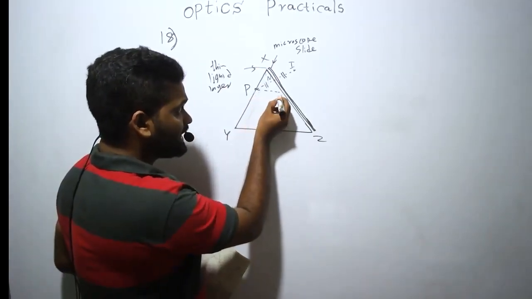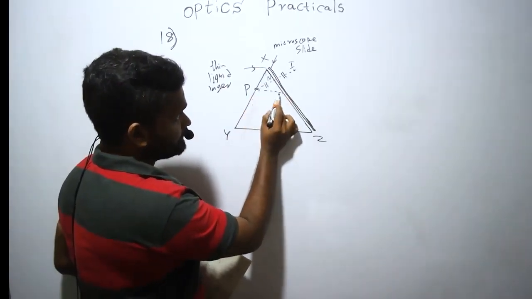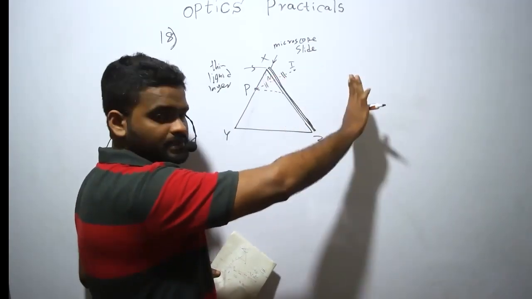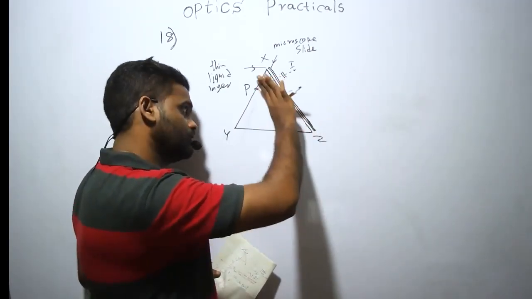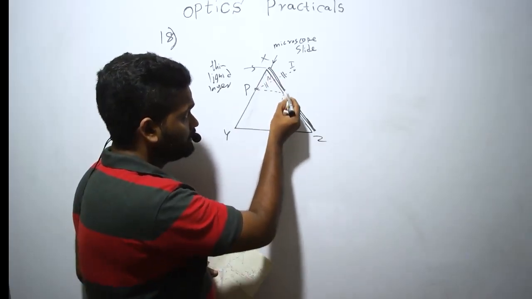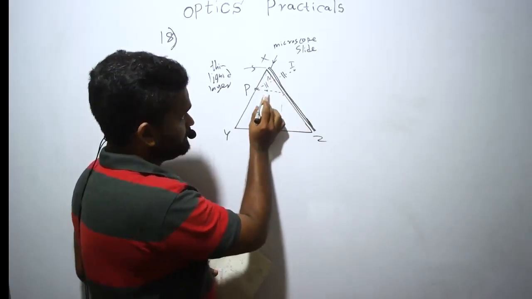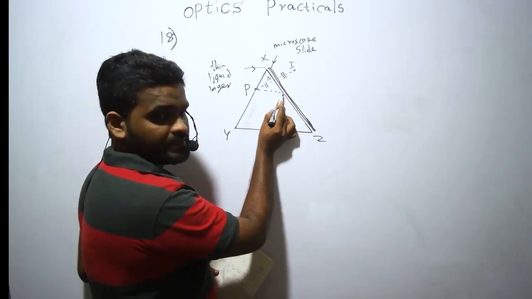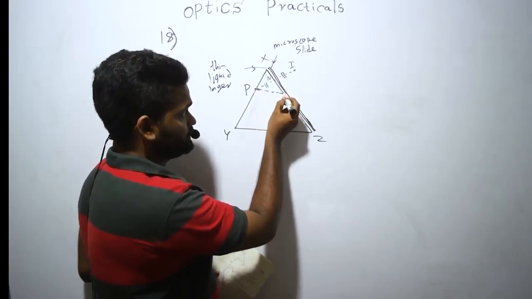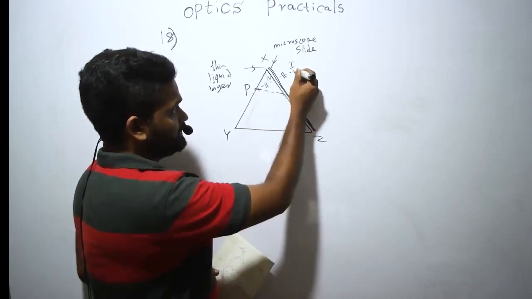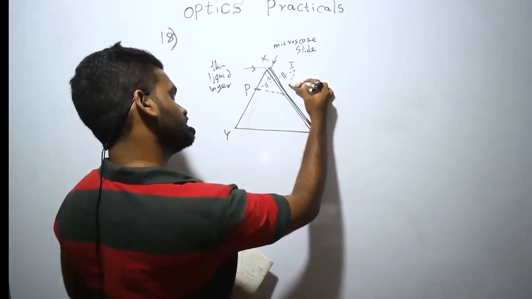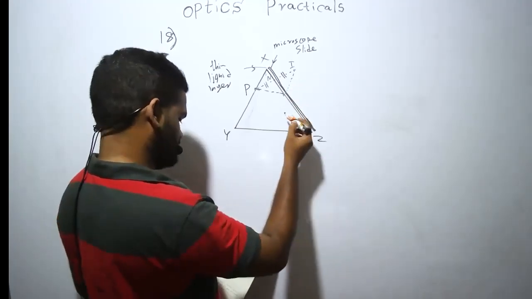Then for the critical angle cases here, there's no microscope slide, right? Only the prism. Let's say for this incident, there's going to be a critical angle. Then the image is coming from here, right?